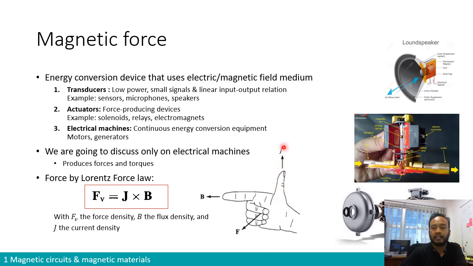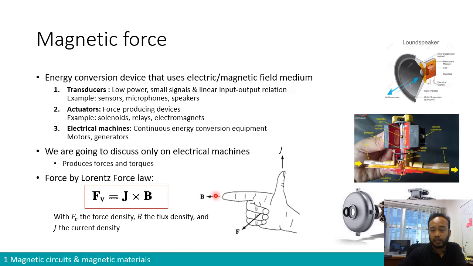Then with your pointing finger you point in the direction of the magnetic field. Therefore your third axis, the z-axis, the other fingers, gives the direction of the force acting on the conductor. So the conductor will move towards the direction of F, or is experiencing a force F. Just remember, this is not a multiplication, it is a vectorial product.